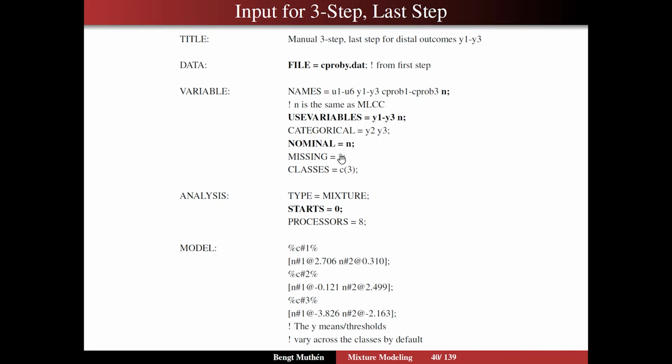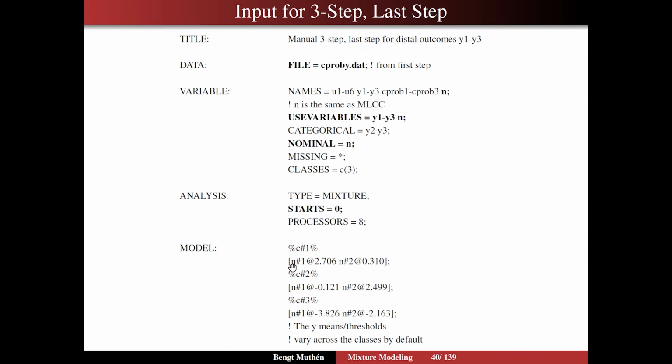And now the missing data is designated by a star instead of the 999 because it's a new data set. And that was shown on slide 38 as well, that missing data is now denoted asterisk or star. And since this is the last step analysis in the mixture modeling, we use starts equals 0. More on that later.